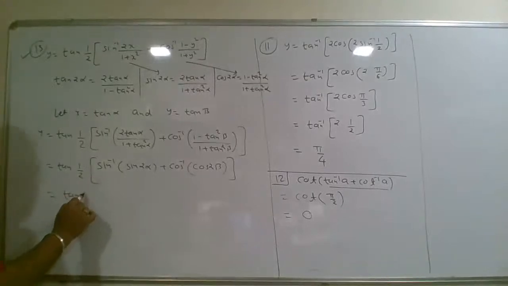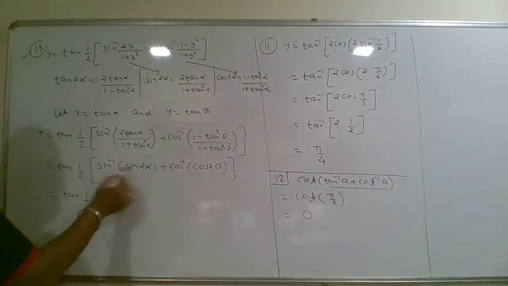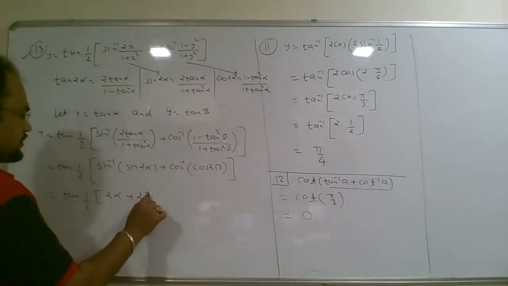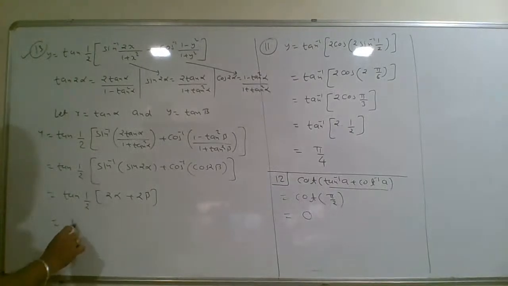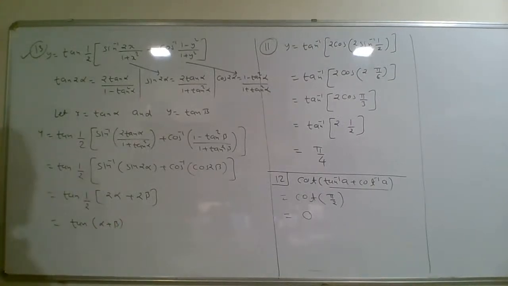And tan of half of sin inverse sin 2 alpha is what? Sin inverse and sin cancel. Same way cos inverse and cos cancel. And here 2 common, 2 cancel. So it is tan of alpha plus beta.